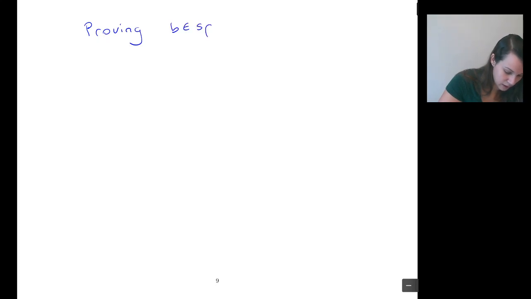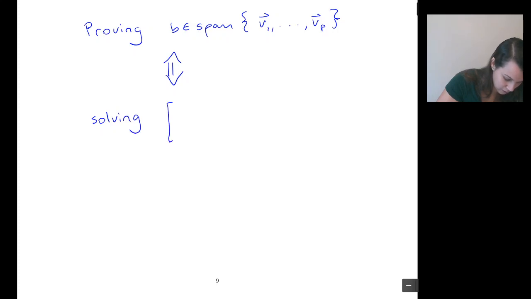In fact, I'm going to write it down for you because it is that important. Proving that B is in the span of V1 up to VP is the same thing as solving the augmented matrix where V1, and I'm going to do these little arrows to show that these vectors are taking up the entire matrix.